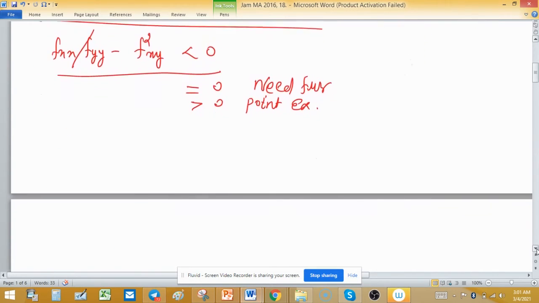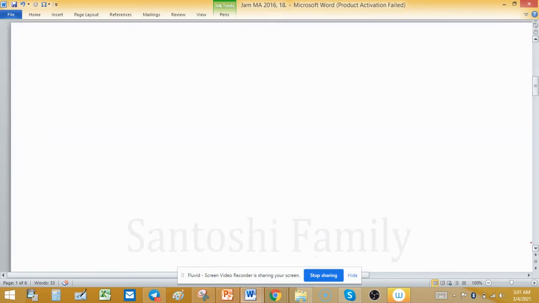Now come to the question on saddle point. The function of two variables is given by 3x square y plus 4 y cube minus 3x square minus 12 y square plus 1.